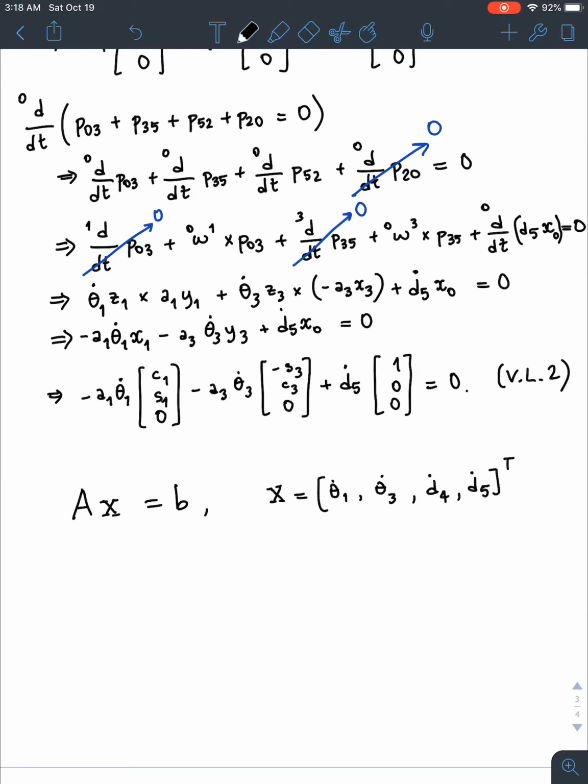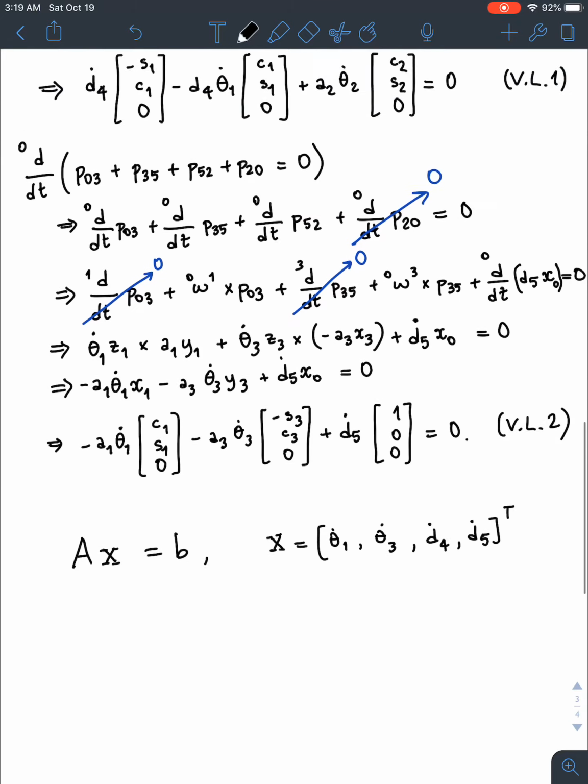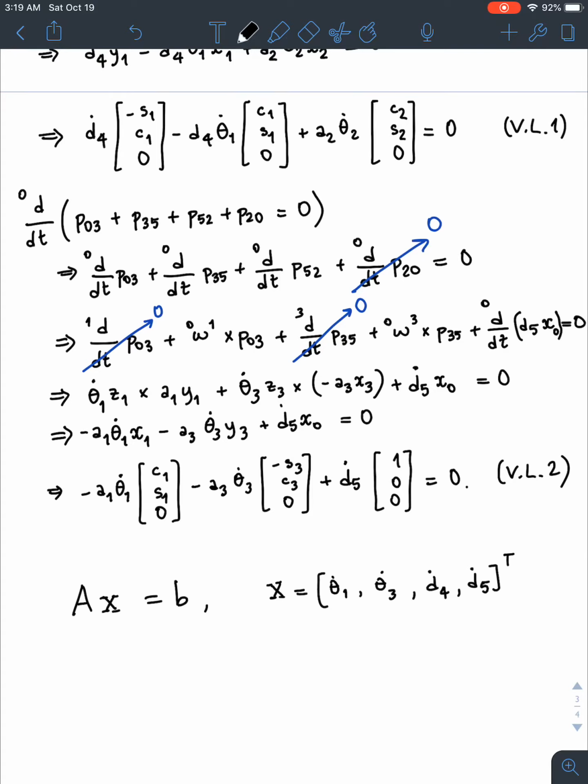The known vector b is also going to be a 4 by 1 vector, because we have 4 equations, right? The first 2 rows of this equation are non-trivial. They give me 2 equations, and the first 2 rows of the velocity level 2 set of equations give me 2 other scalar equations. So in total, I have 4 scalar equations.